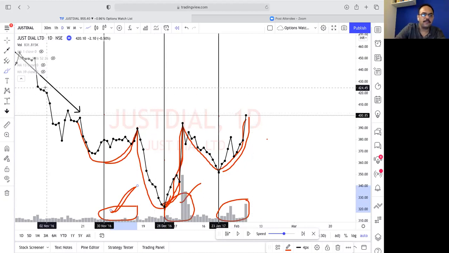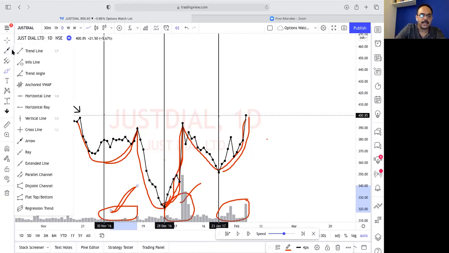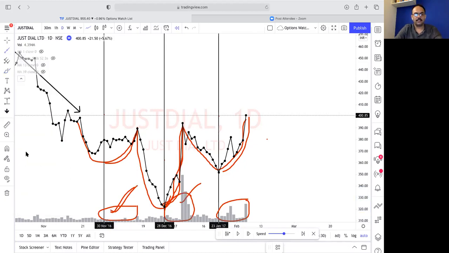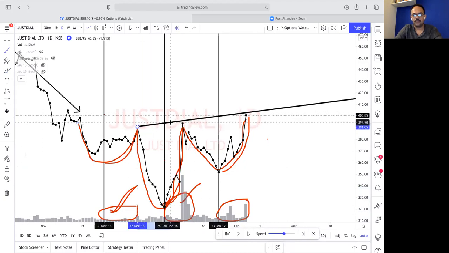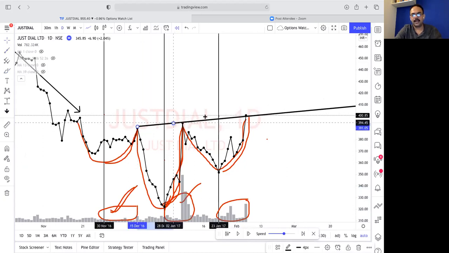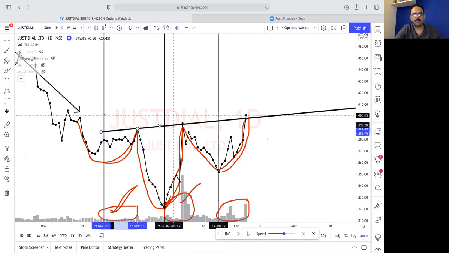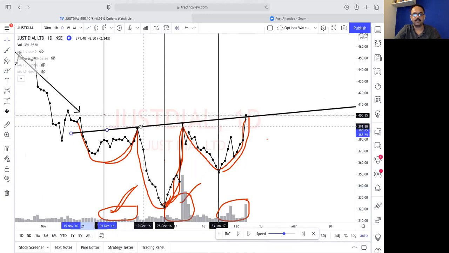Now, what we have to do is create a neckline. How do we create a neckline? Let's take this ray, join the head here, join the head here, and just shift it back something like this. Okay, so this is our neckline.